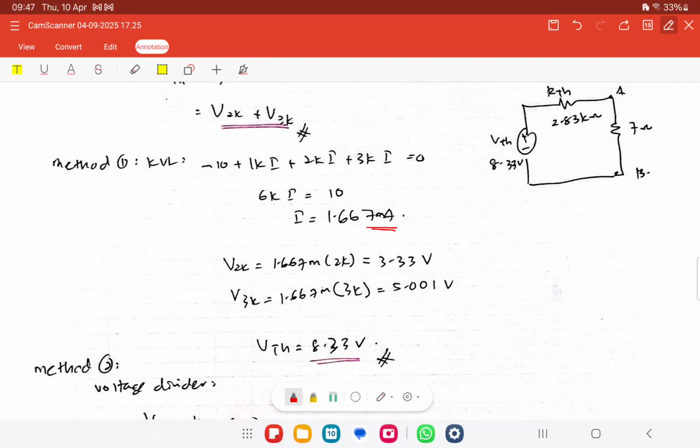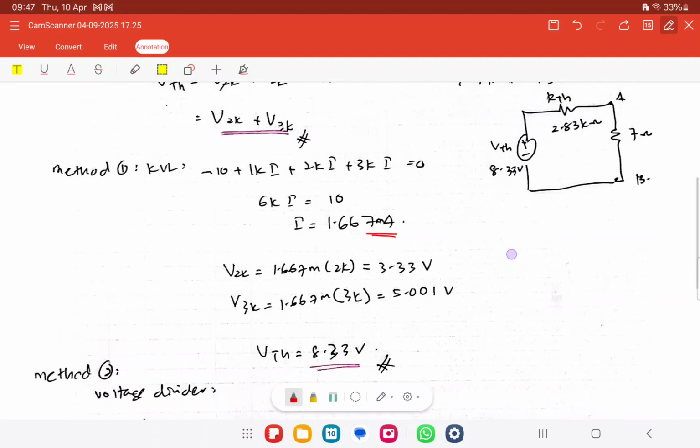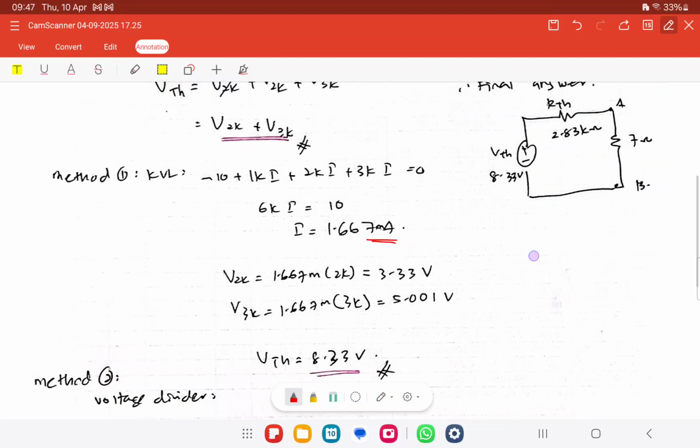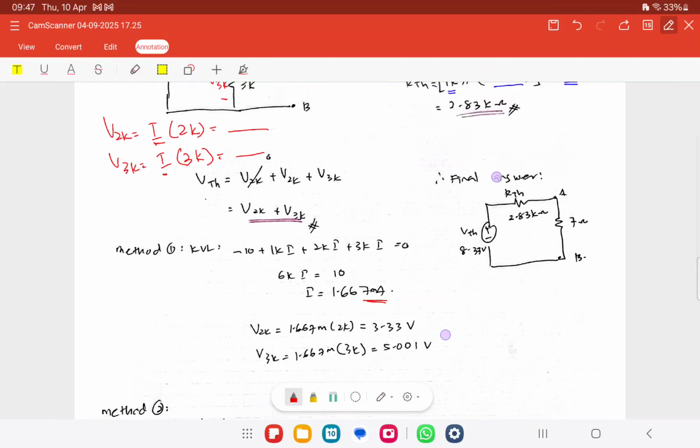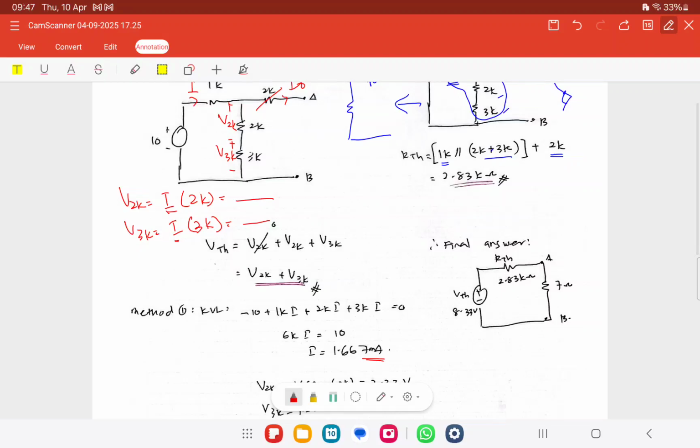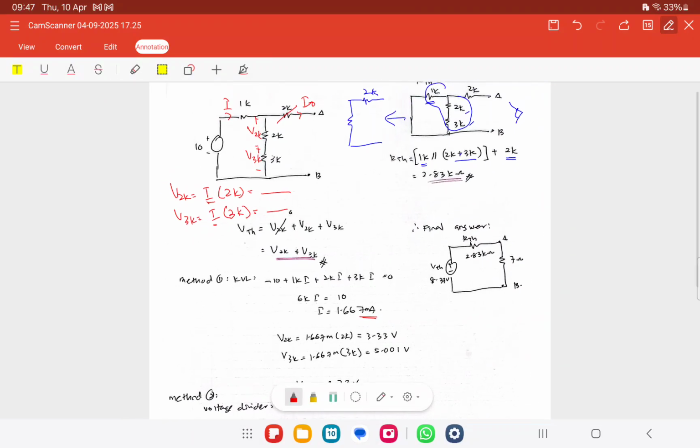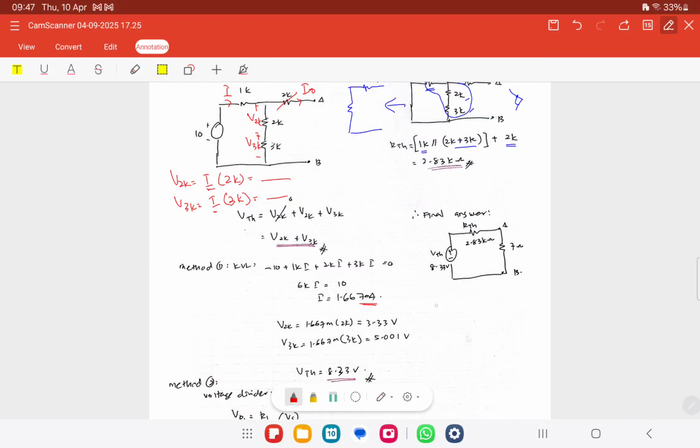Betul. Ini KVL. Kalau you do KVL, then you patut dapat like this lah. Sebenarnya macam mana nak check? Macam mana nak check value of the current ataupun value voltage you tu betul? V1K plus V2K plus V3K must be equals to V what, Mukris?